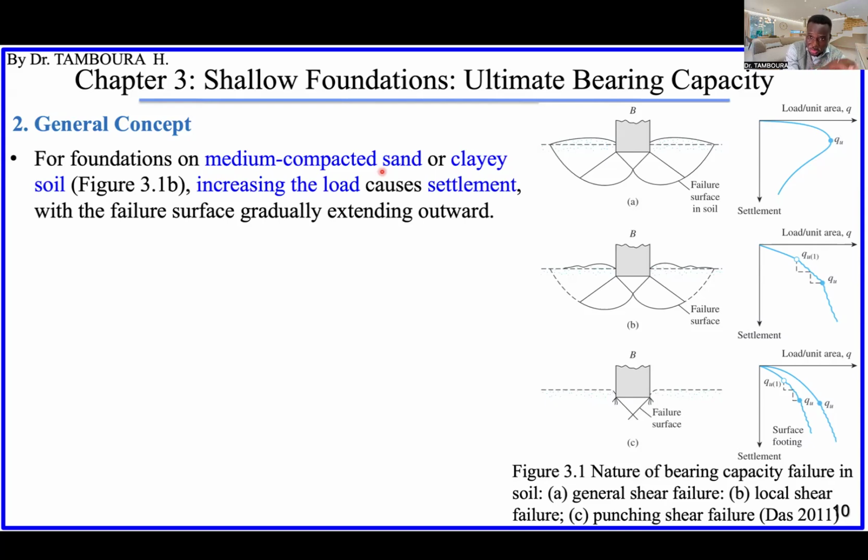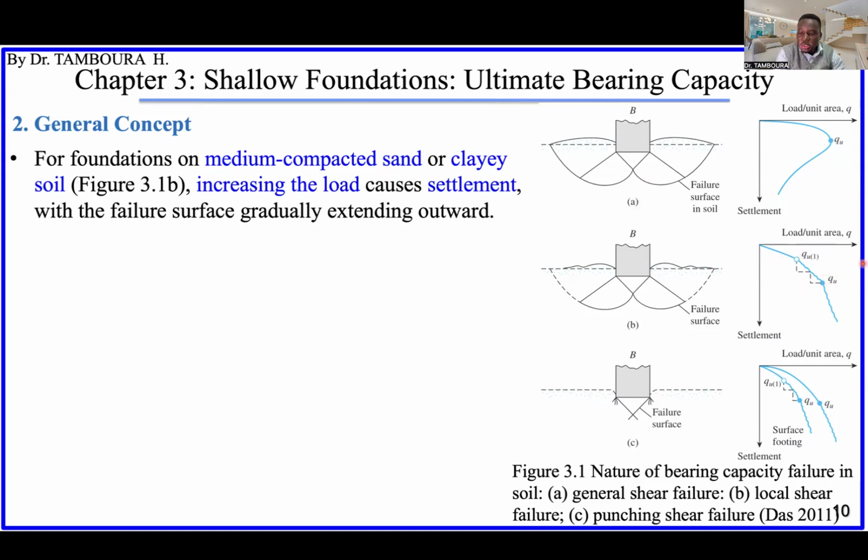In the previous one, the A was for dense sand. Now we are going for medium sand, medium compacted sand and clay soil.